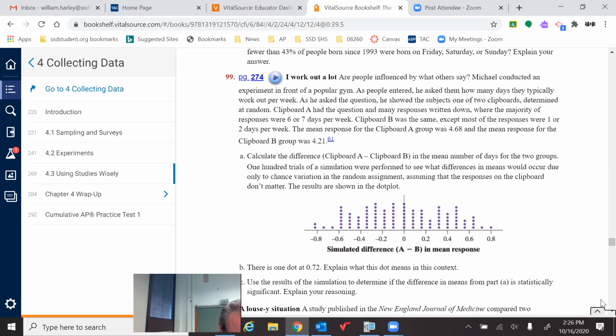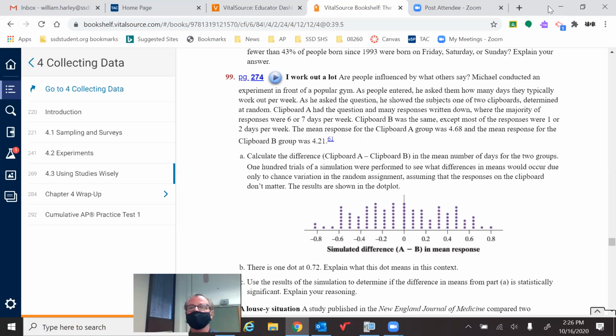Okay? So where were we in part A? It was 0.47 was the difference, yes? And if we count all the dots above 0.47 and to the right, because it was that or more extreme by chance alone, there's 16 dots.